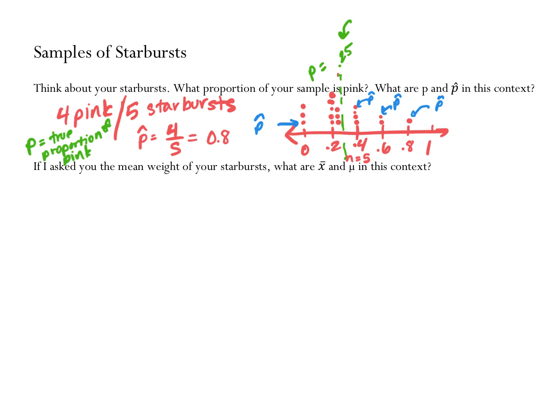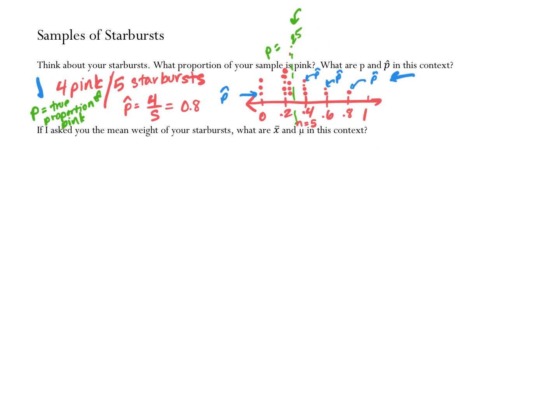A couple of things I want to really emphasize from this is that no matter what, there is only one value for p, but there are lots of possible values for p-hat. So when we take a sample, p-hat is a variable, in that we get different samples, so we get different p-hats, okay? p is a constant.